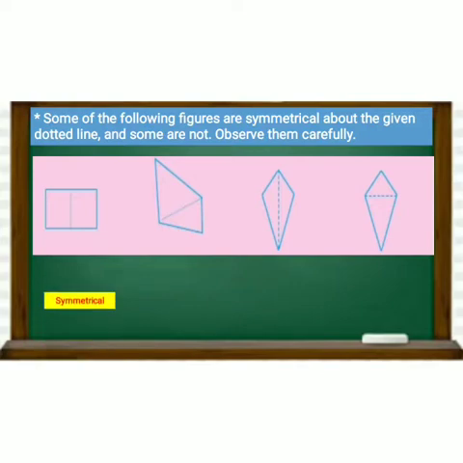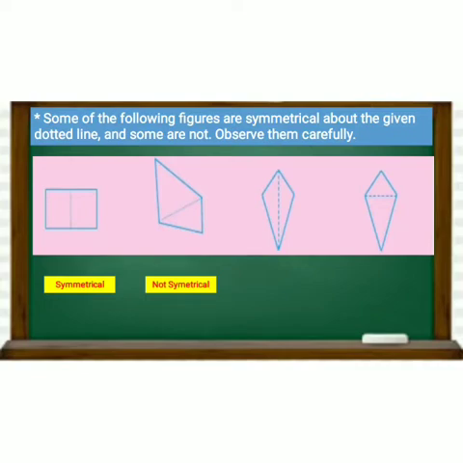So this figure is called a symmetrical figure. And if we take the second figure along the dotted line, if we fold this, then the first part is smaller than the other one. So the one part does not fall exactly on the other part. So this is not a symmetrical figure.